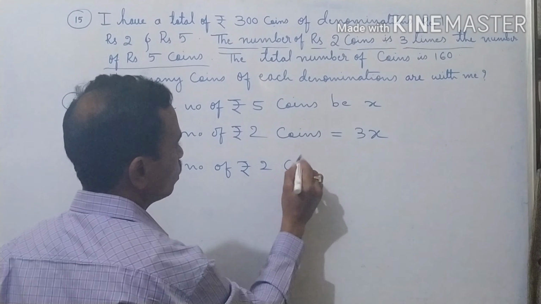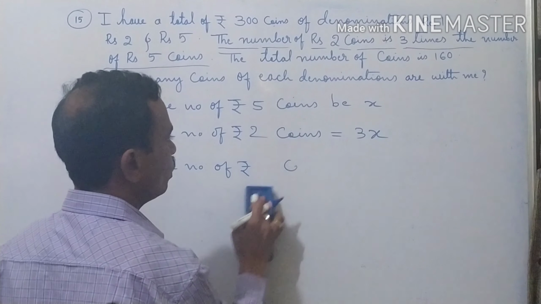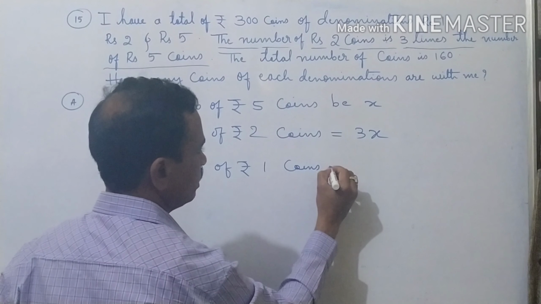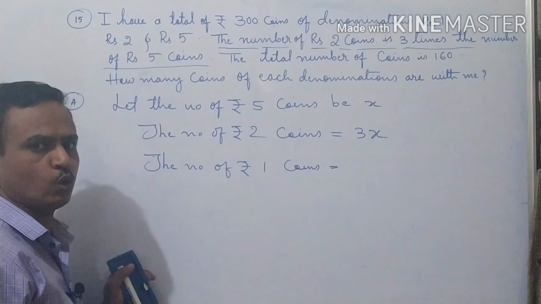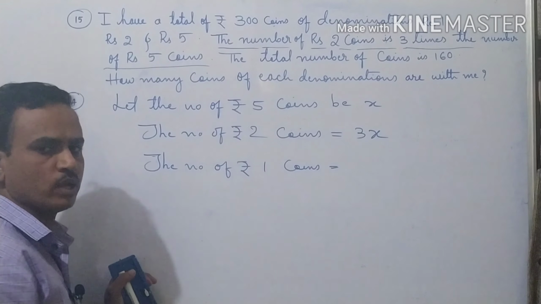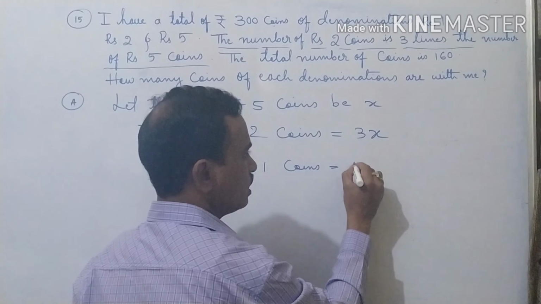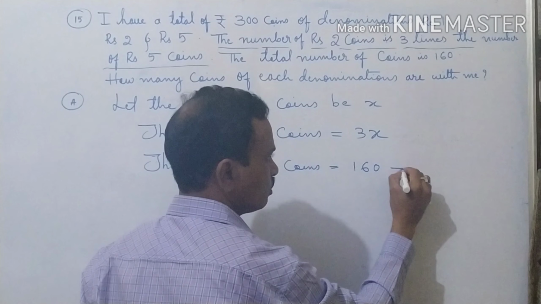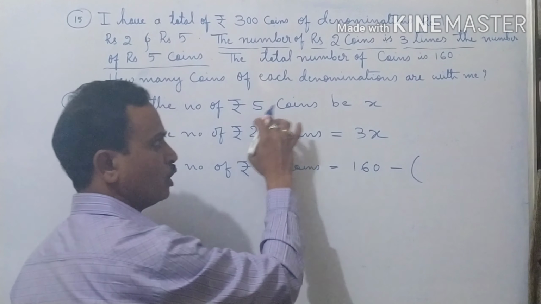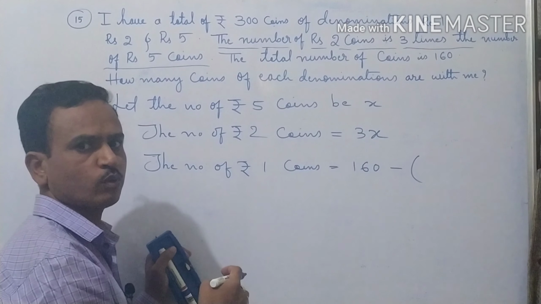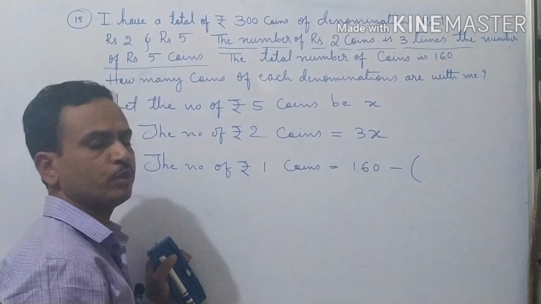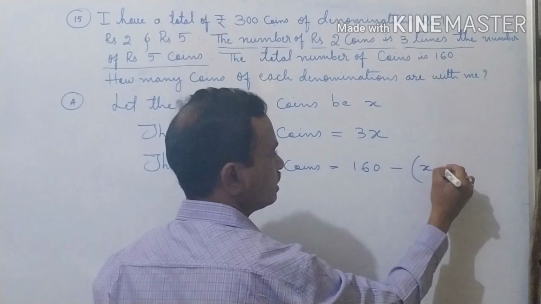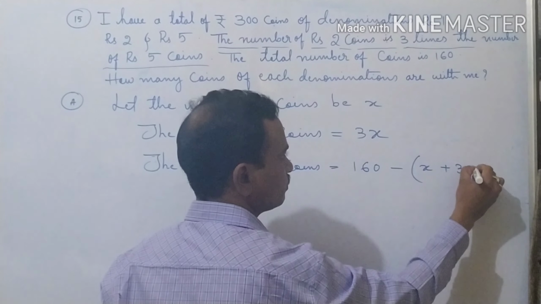Then the number of 1 rupee coins. Now totally how many coins are there? Given: 160 coins. In 160 coins, we have to subtract the number of 5 rupees coins and the number of 2 rupees coins. You will get x plus 3x.